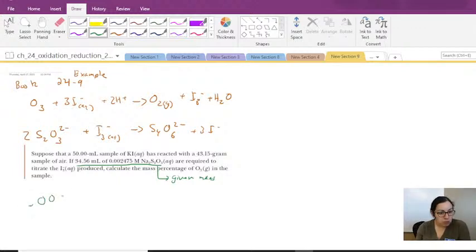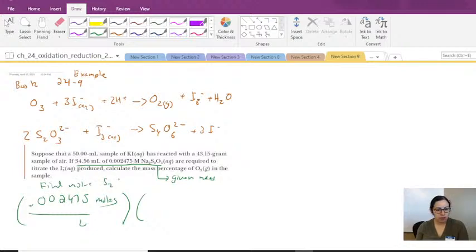And so I'll just write it out. And actually I'll change this, so this is moles per liter, just using dimensional analysis. So I'll say find moles of our thiosulfate species.